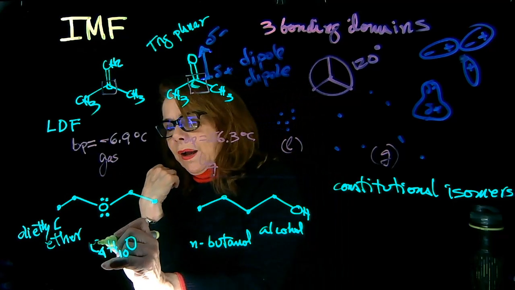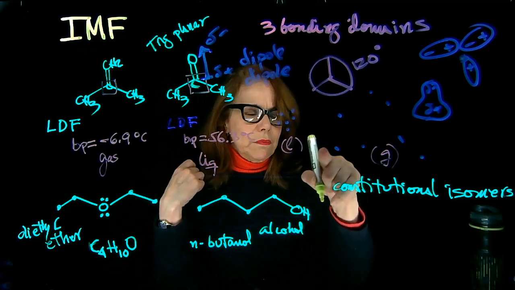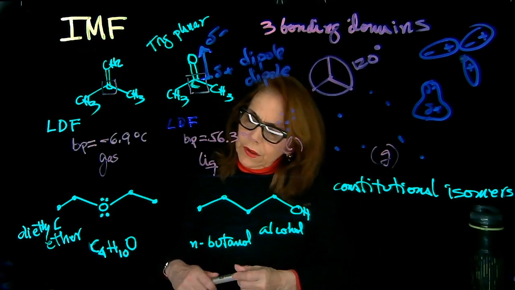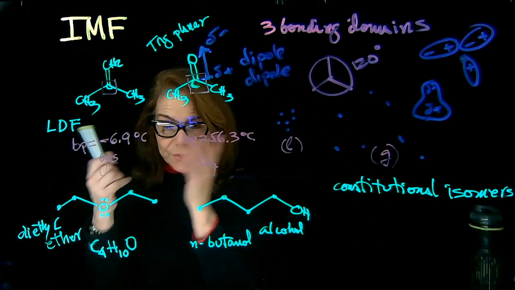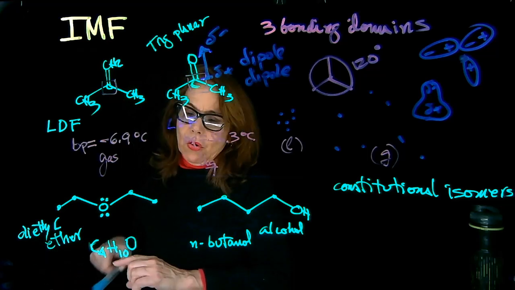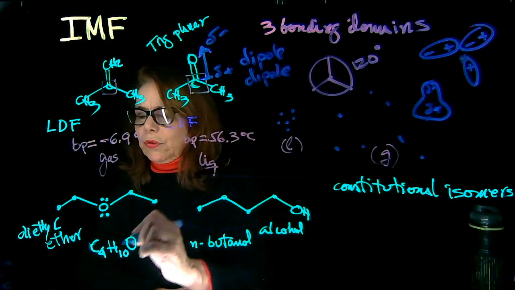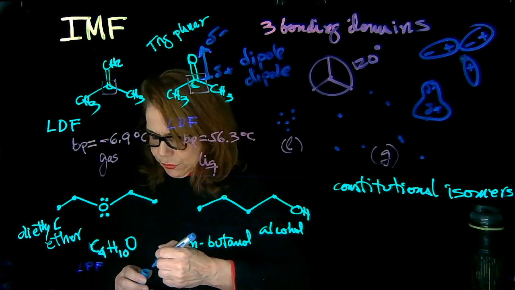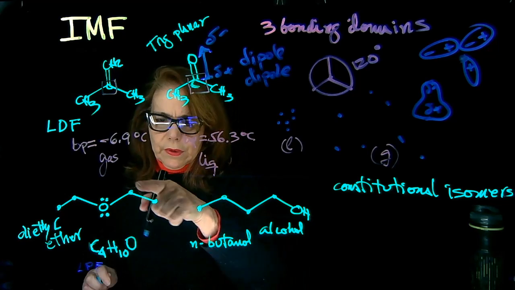Now, if I'm being asked to predict which one will have a higher boiling point, again we're breaking interactions to go from liquid to gas phase. What types of interactions do we need to classify here? In this molecule, you always have London dispersion forces, with fleeting interactions between these bonds.